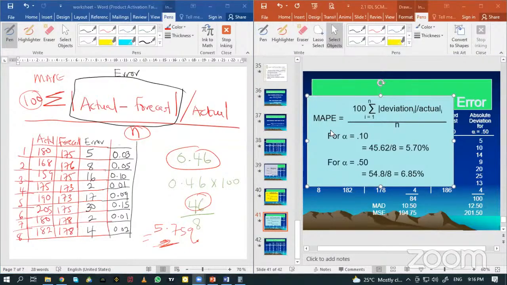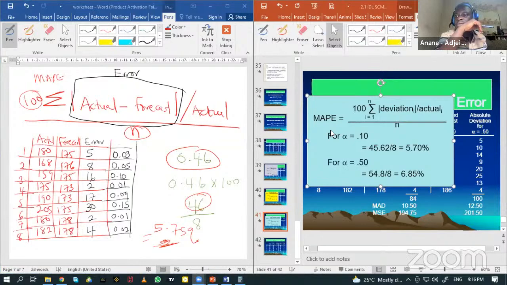Somebody's microphone is not off and the person is talking in the background. Pascal, please ask a question or mute yourself and ask. I don't think Pascal is ready. Andrew.